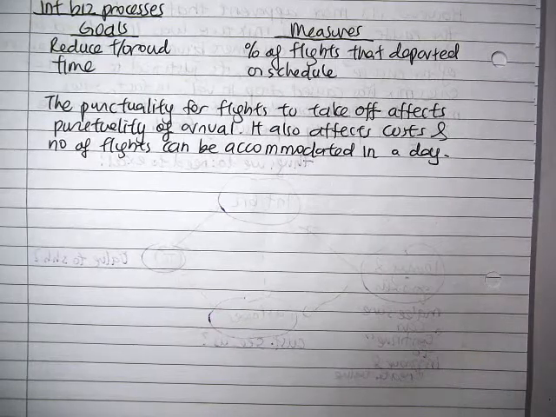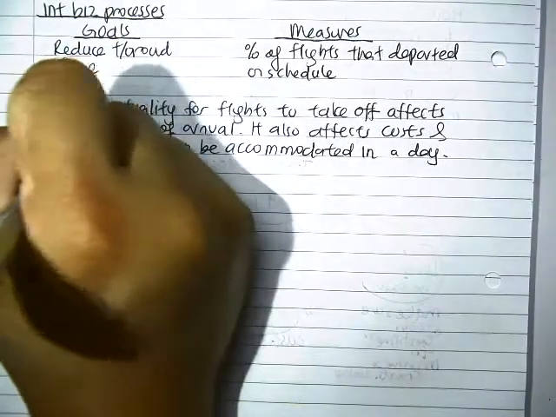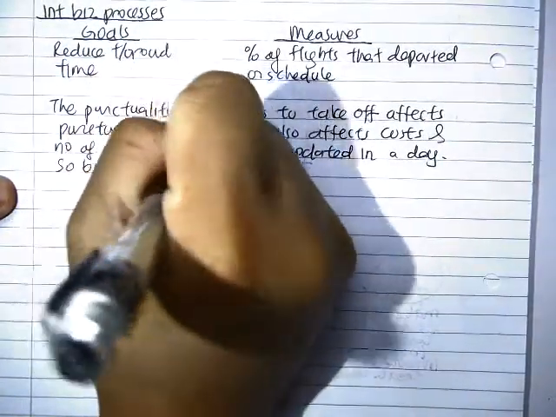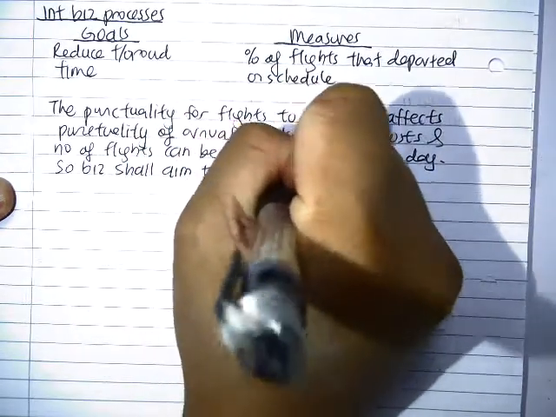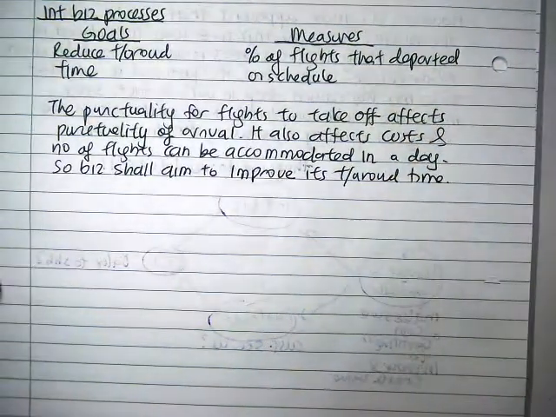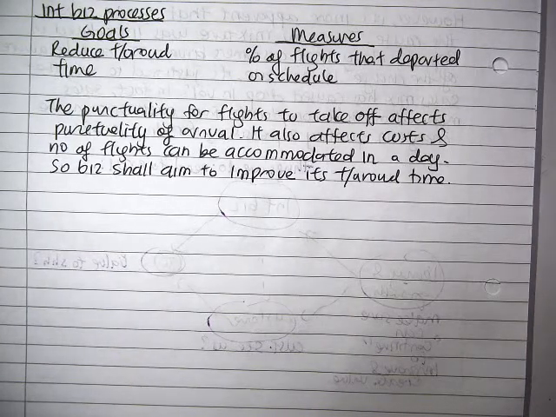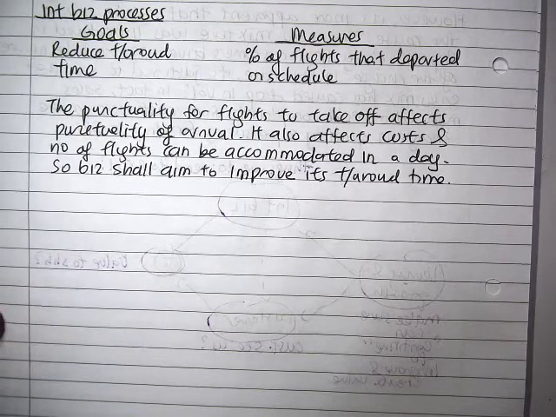So the more you turn around, the faster you turn around, the more flights you can take in a day. So it's better, okay? So it improves asset efficiency. Alright, now, so business shall aim to improve its turnaround time. So you should aim for like 100% punctuality that can make you turn around faster. Okay.